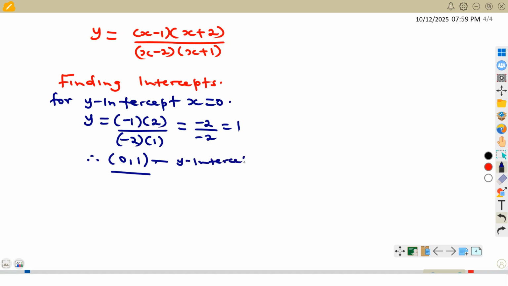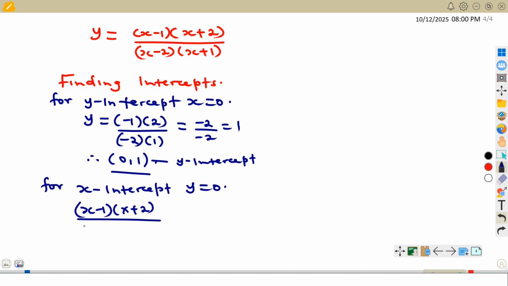Next we shall look at the x-intercept. For the x-intercept, y is equal to 0. If y is equal to 0, it means I will equate this to 0. So I have (x minus 1)(x plus 2) divided by (x minus 2)(x plus 1), and this is equal to 0.